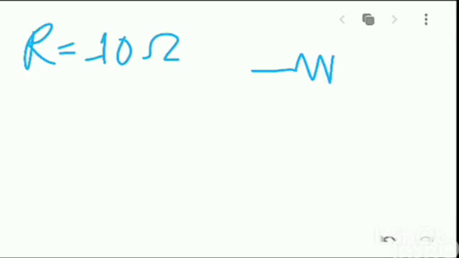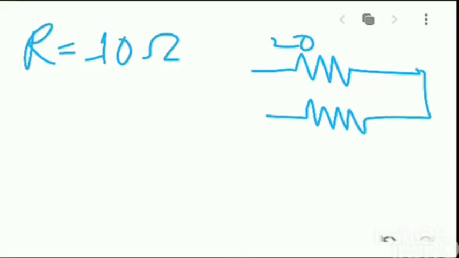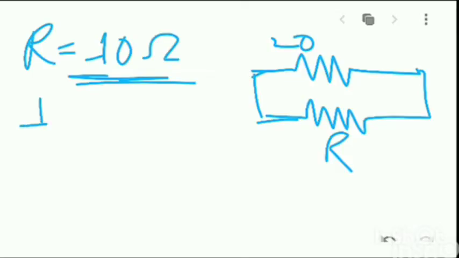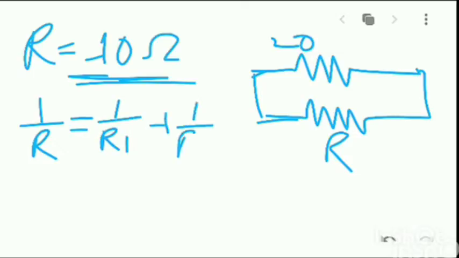The next portion is very simple. It is asked what is the value of R ohms. Now I see total resistance is 10 and I have 2 resistances, one is 20 and another one is R, and they are connected in parallel. So what should be the value of this R if total resistance is 10? We all know 1 by R equals 1 by R1 plus 1 by R2.